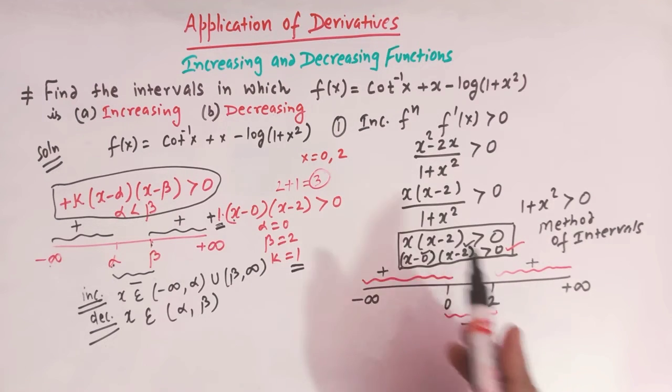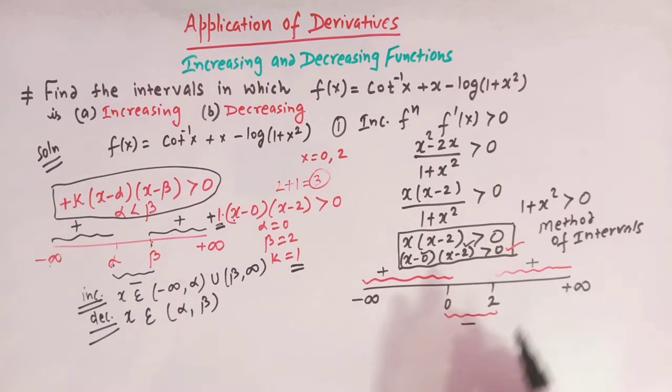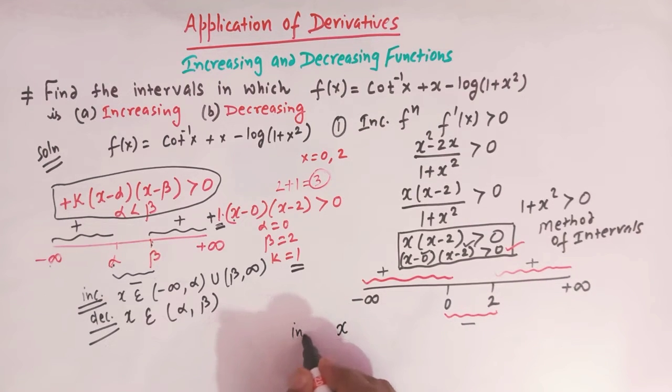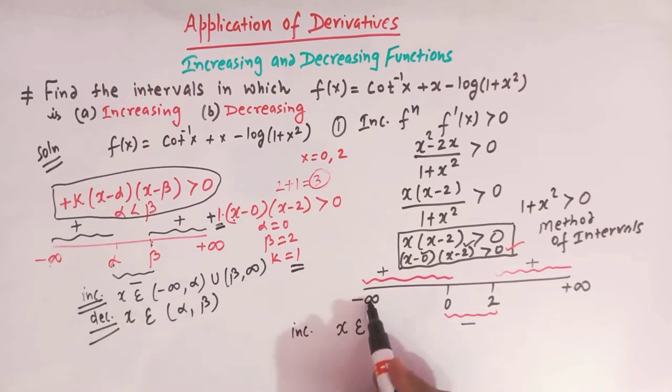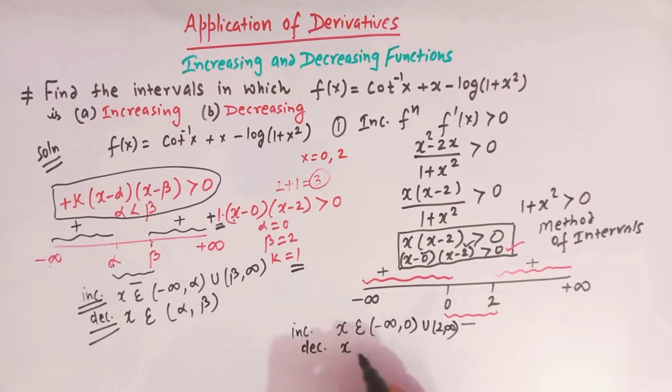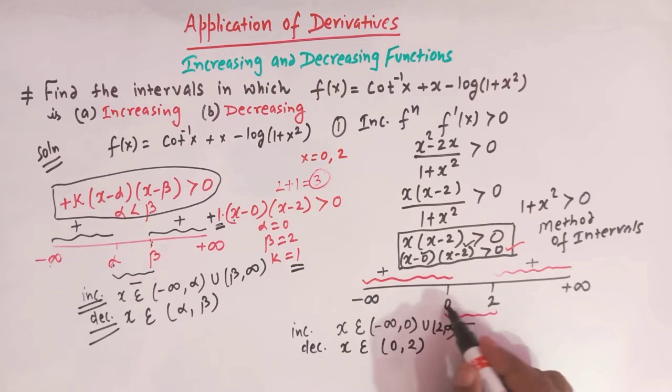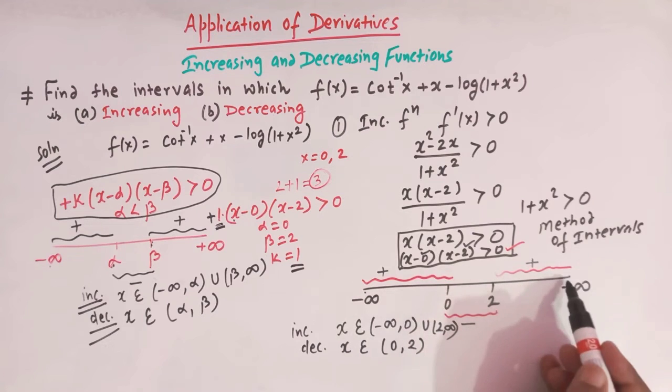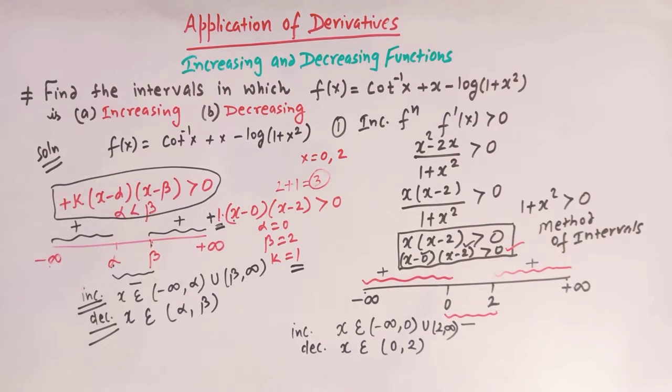So this function is increasing in the interval minus infinity to 0 union 2 to infinity. And this function is decreasing when x belongs to 0 to 2, because here the derivative is negative, and in these two intervals the derivative is positive. So this is how we can solve this problem.